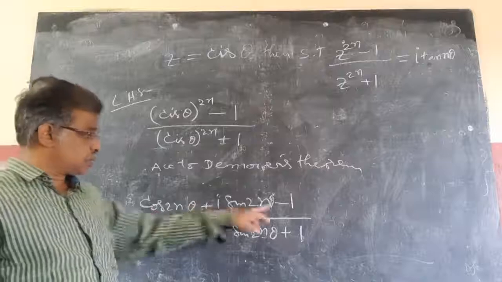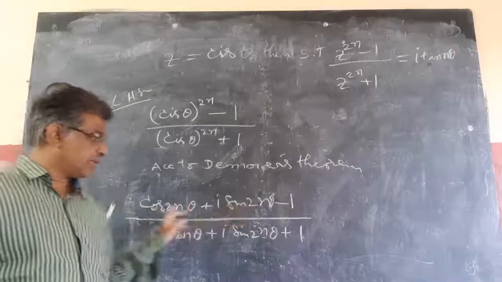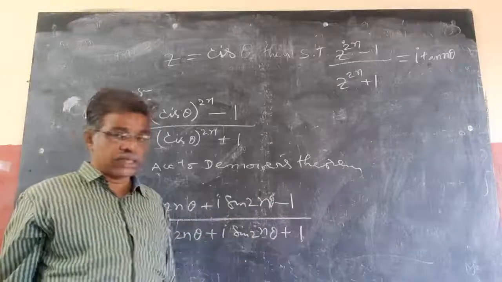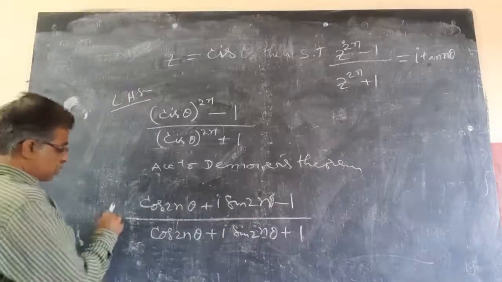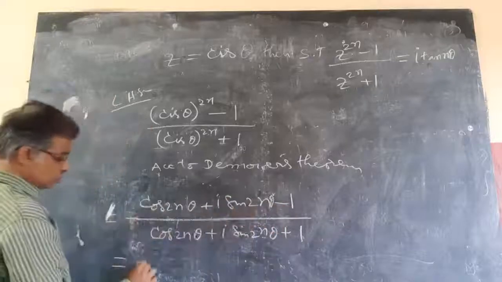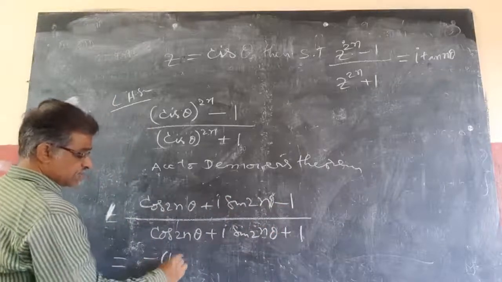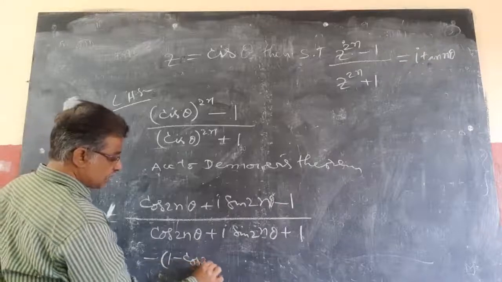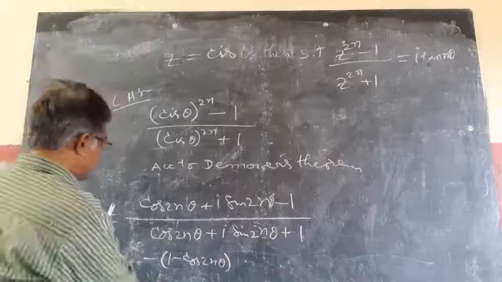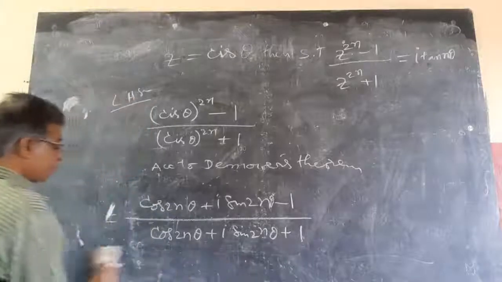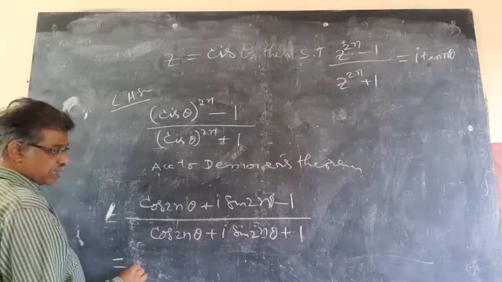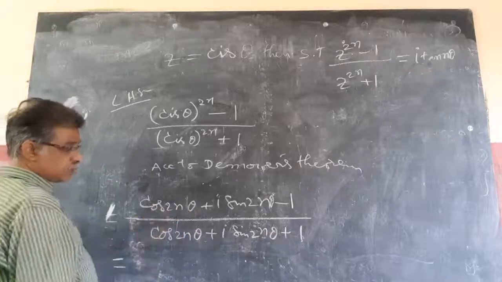Now, you can group these two. If you take minus common, this can be written as 1 minus cos 2 theta formula. Here itself I explain the cos 2 theta formula, no problem. Cos 2 theta is 2 cos square theta minus 1, or 1 minus 2 sin square theta.